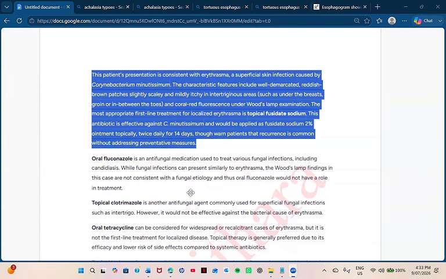The most appropriate first-line treatment for localized erythrasma is topical fusidic acid. This is an antibiotic that is effective against this organism, right? It would be applied as fusidic acid 2% ointment topically twice daily for 14 days, and you warn the patient that recurrence is common without addressing preventive measures, right?